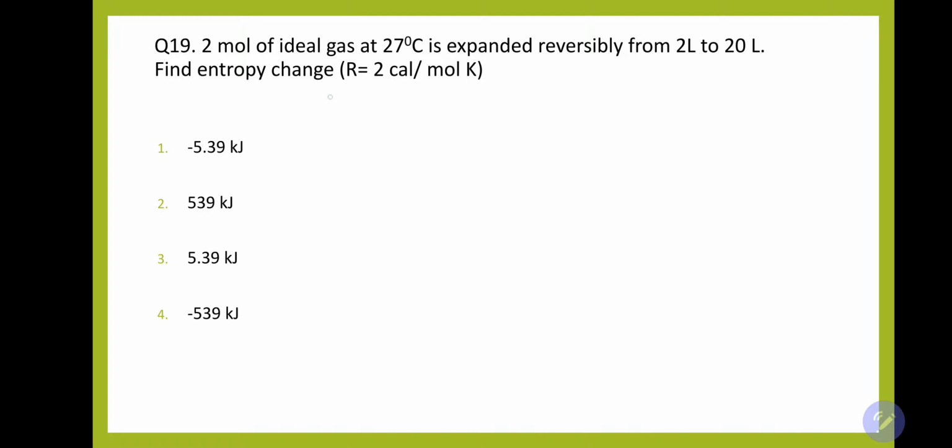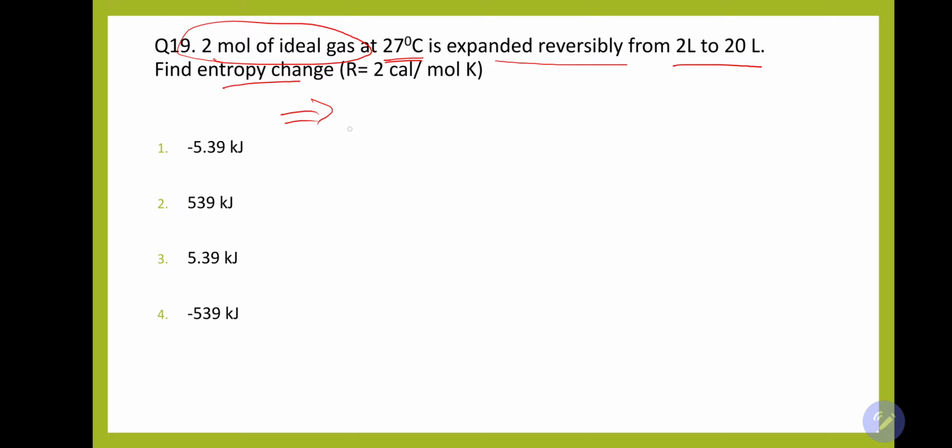Find entropy change. So how to basically solve this? Here it is given that 2 mole of ideal gas is given, the temperature is given as 27 degrees Celsius, and it is expanded reversibly from 2 liter to 20 liter. You have to find the entropy.